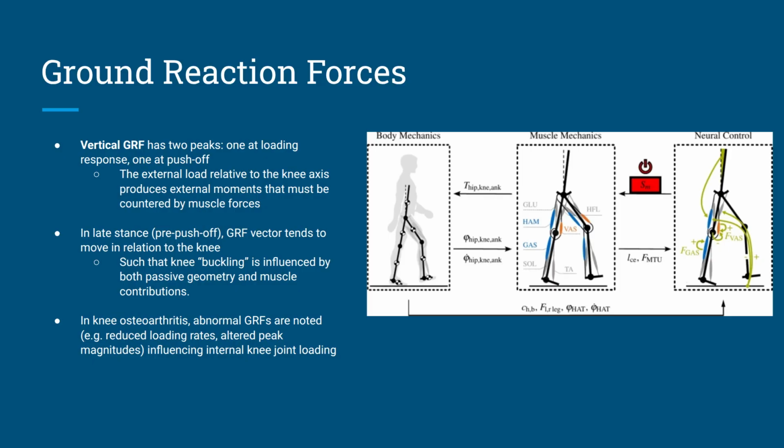During early stance, the ground reaction force passes posterior to the knee, creating an external knee flexion moment. That means something internally must resist flexion, primarily the quadriceps eccentrically.